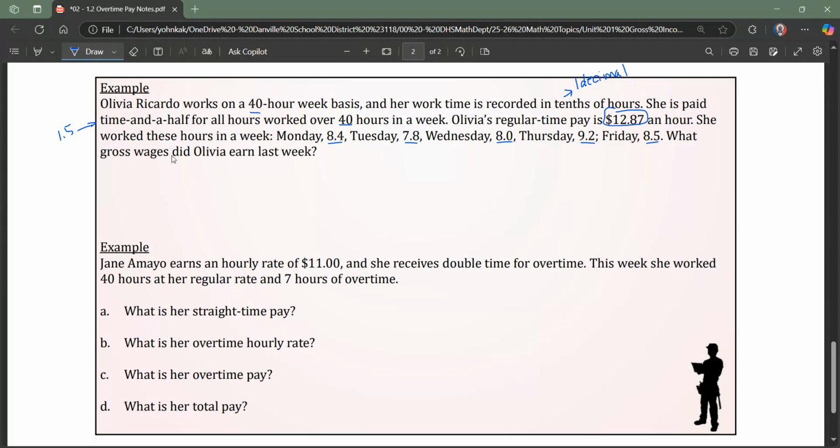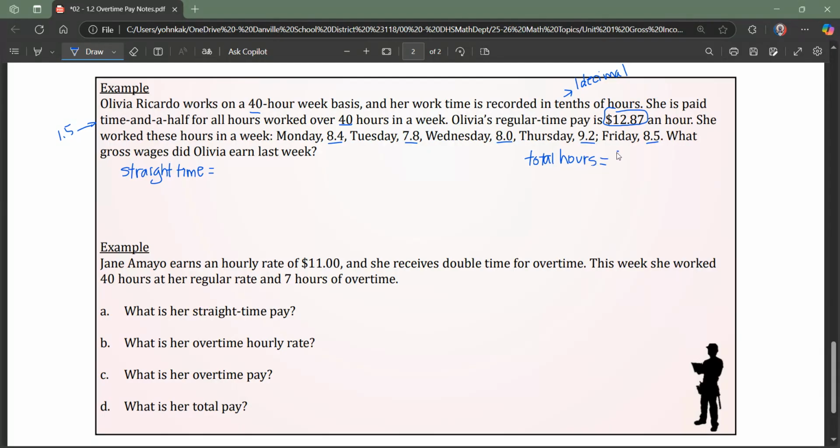So gross wages is like saying gross income, which is taking straight time, adding overtime, and getting total. So let's do straight time first. I'm going to take my total hours that I worked and multiply by my regular hourly rate. Well, let's see, we need to add up the 8.4, the 7.8, the 8.0, the 9.5, the 9.2, and the 8.5 total hours.